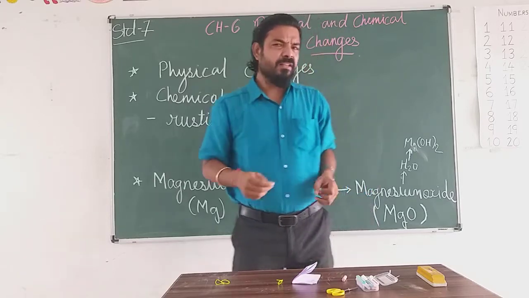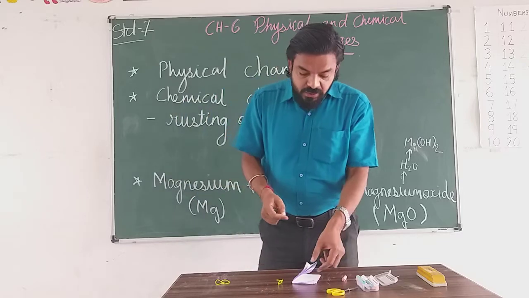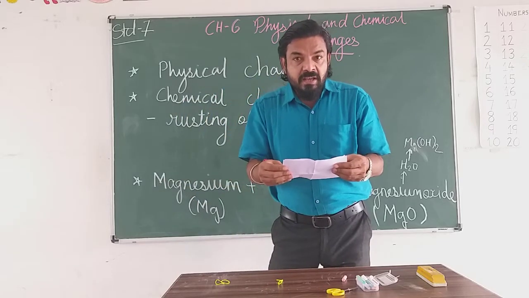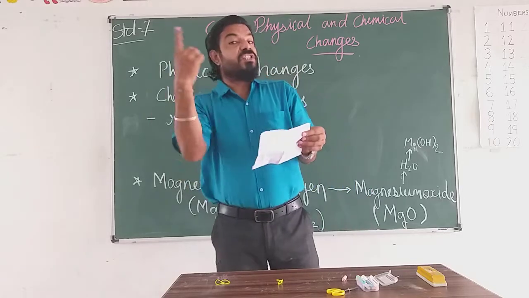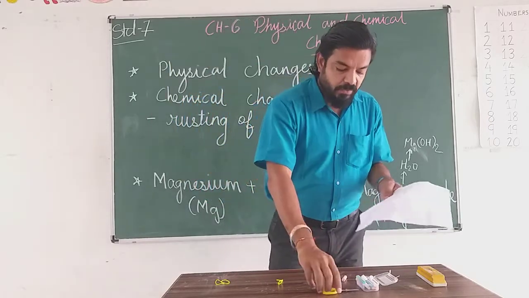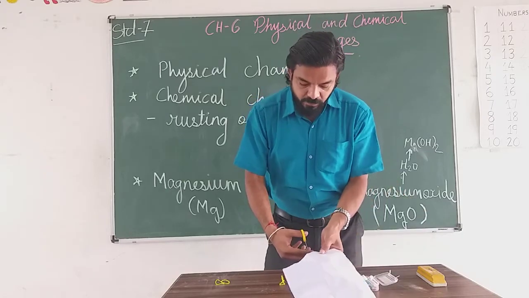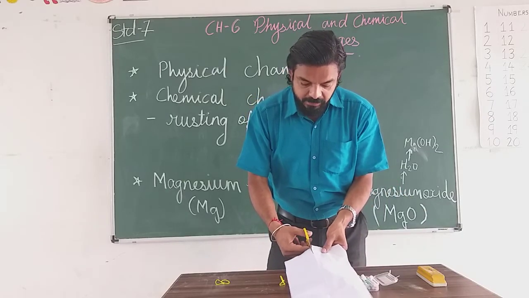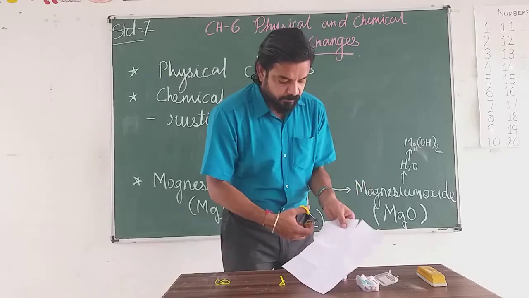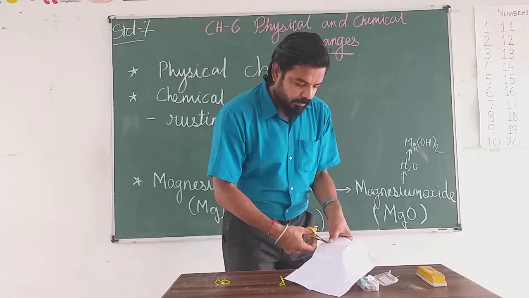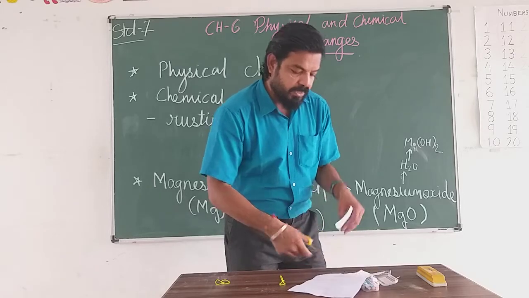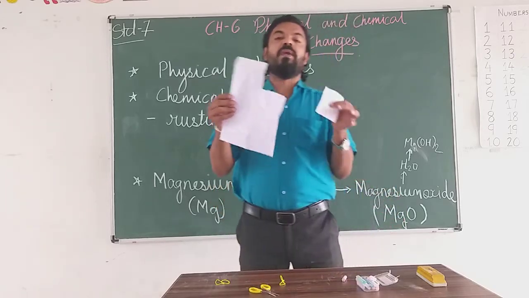You understand that. Now suppose, what is physical change and what is irreversible change. Suppose this is the paper. If I cut one part of this paper, suppose I cut a square part.